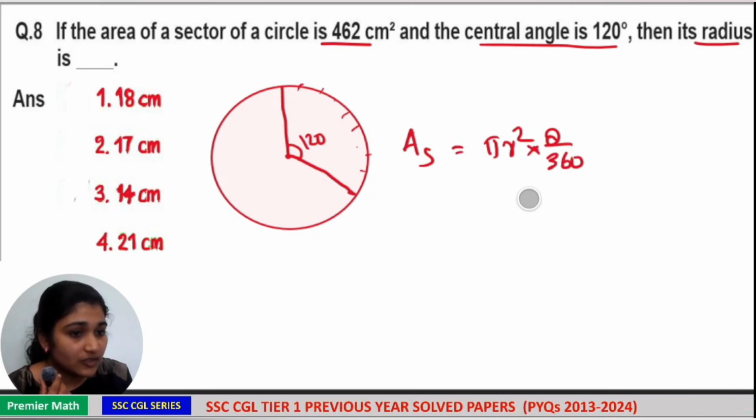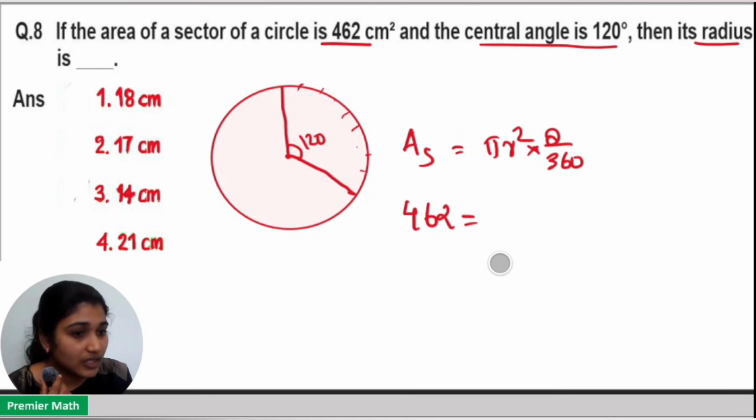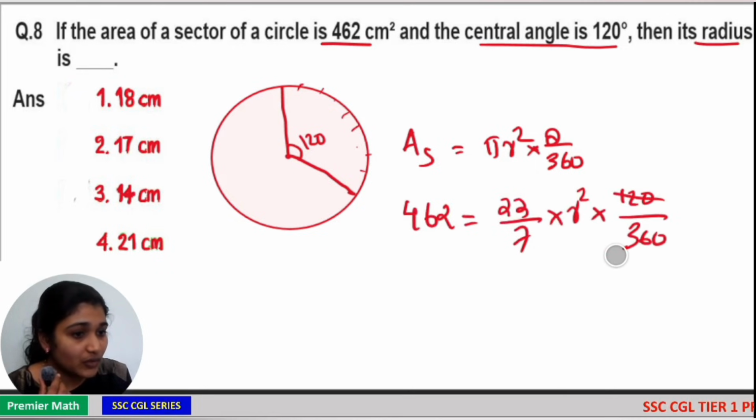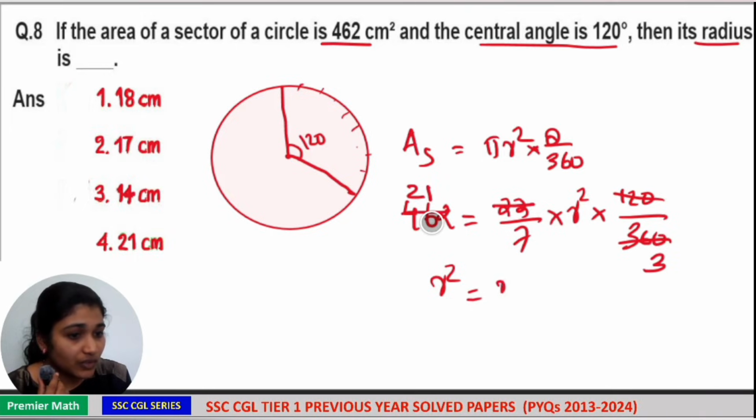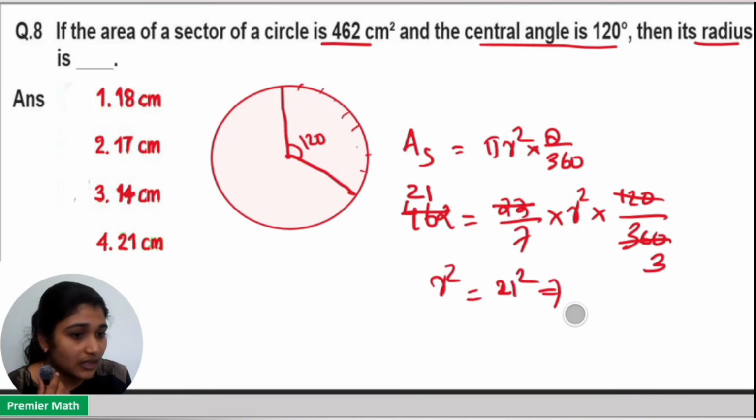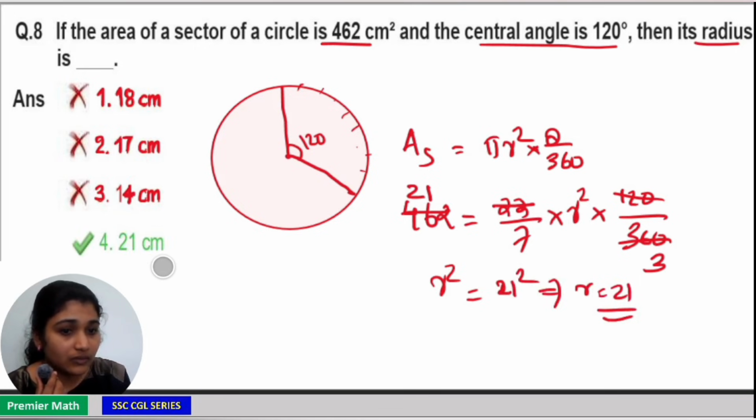So the area of the sector is this one, which is equal to 462 equal to 22 by 7 into r square into 120 out of 360. 120 goes 3 times in 360, 22 goes 2 times in 44, 1 time in 22. Now r square is equal to 21 into 21, that is 21 square, means r is equal to 21. Option 4 is your answer.